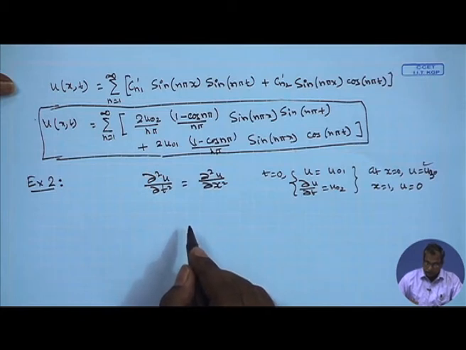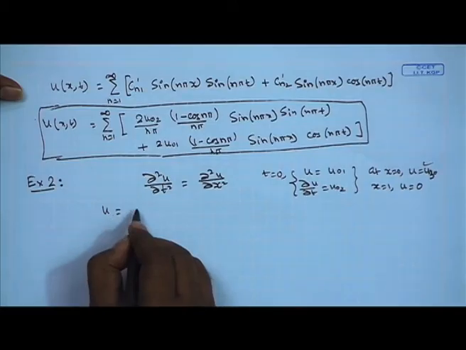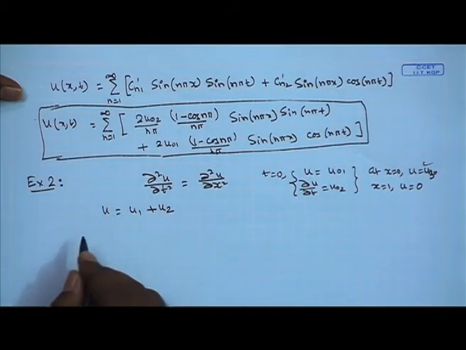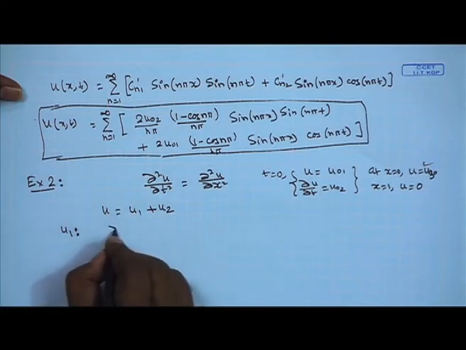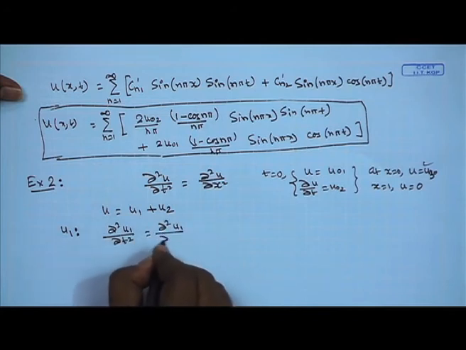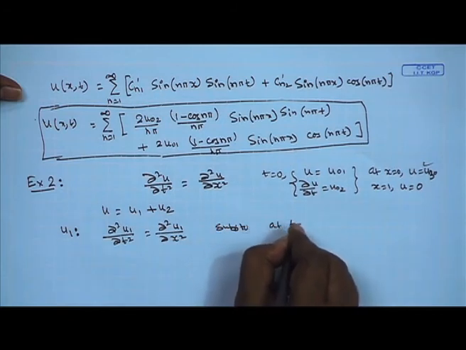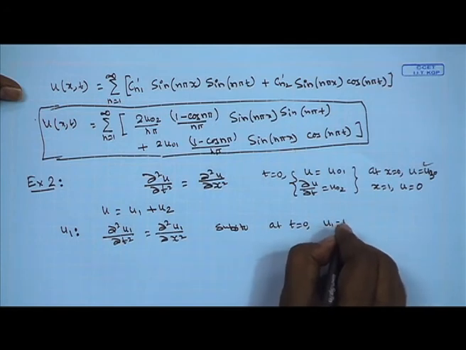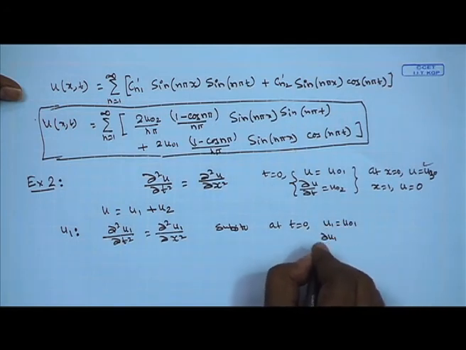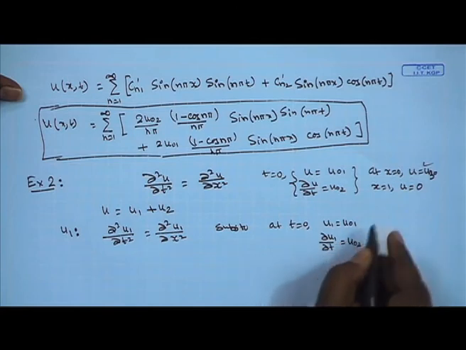So, as usual, I will be breaking down this problem into two sub problems considering one non-homogeneity at a time, such that u is equal to u1 plus u2, and the formulation of u1 is del square u1 del t square is equal to del square u1 del x square, subject to at t is equal to 0, u1 is equal to u01 and del u1 del t is equal to u02.